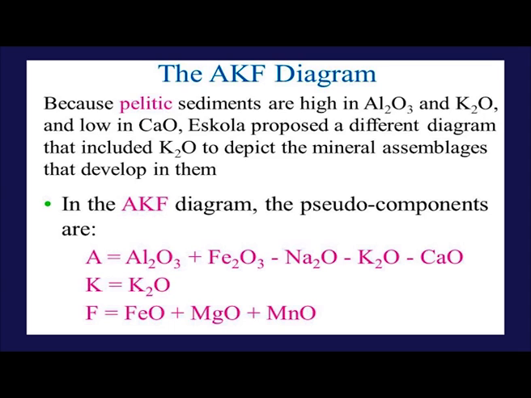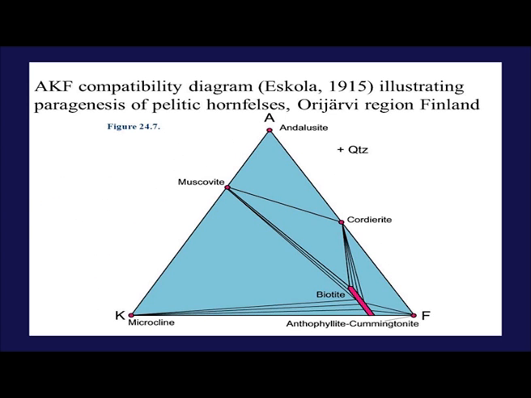Eskola in 1915 proposed the AKF diagram as a way to illustrate metamorphic mineral assemblages on a simplified three-component triangular diagram. He concentrated only on the minerals that appeared or disappeared during metamorphism and also gave an idea about the grade of metamorphism.